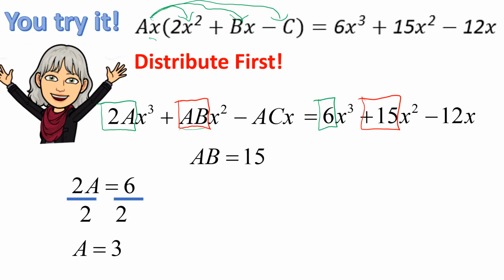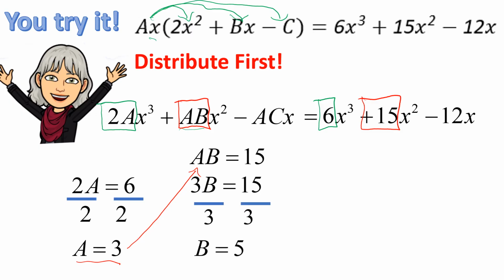Well, I've already determined that a is 3, so I can substitute 3 in here for my a, and then I can solve for b. So I know that 3b has to equal 15. If I divide by 3, I know b is 5. And last but not least, I know the stuff in front of my x has to equal the stuff in front of my x here.